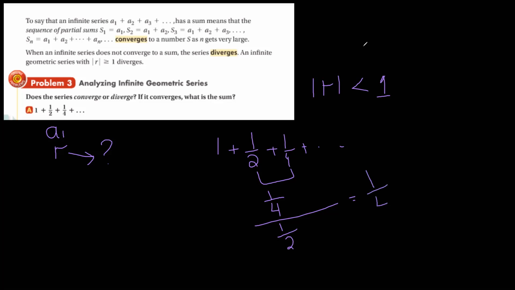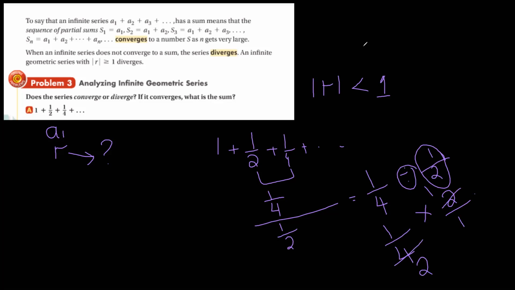You keep the first fraction as it is, change the divide to multiply, and write the reciprocal of half, which is 2 over 1. After I simplify, the answer is 1 over 2. So the r here is 1 over 2.